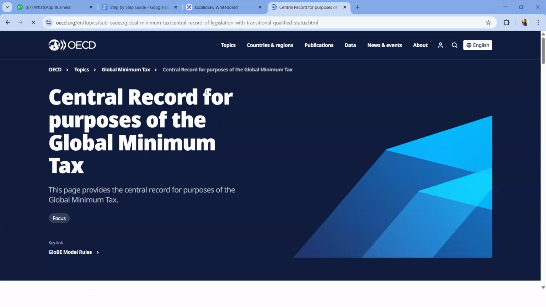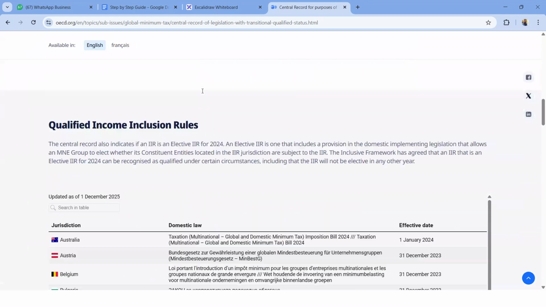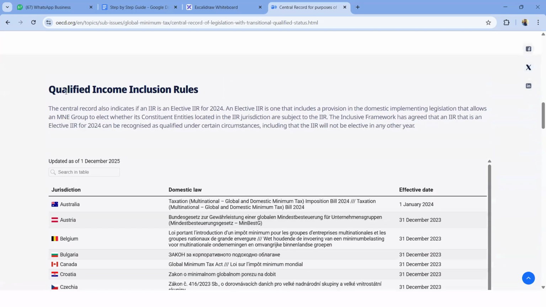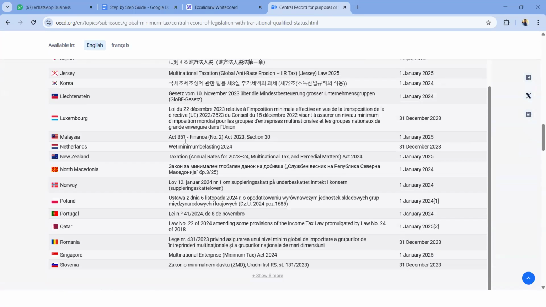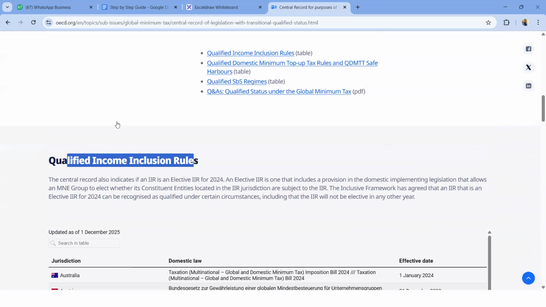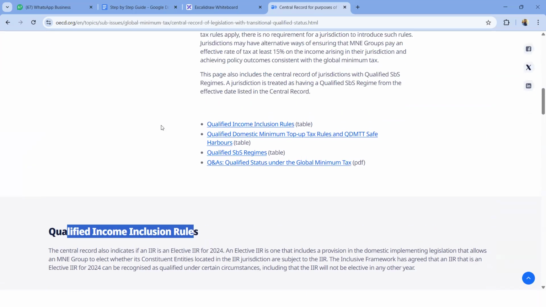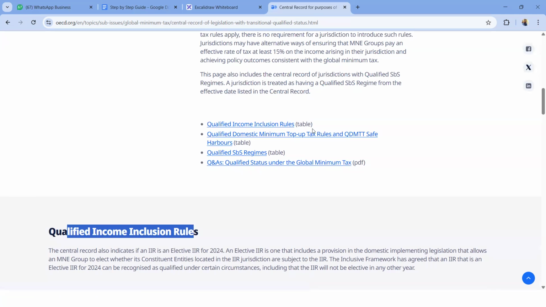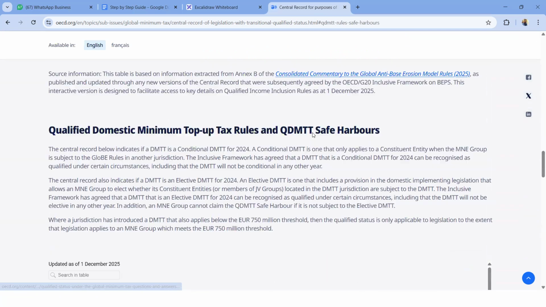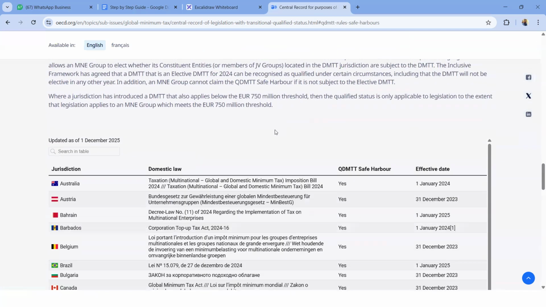If you just go, you will see qualified IIR, who has this. These are the countries which have a qualified IIR. You can see qualified IIR, qualified domestic minimum top-up tax, and QDMTT safe harbors. So, who has a qualified domestic minimum tax? These are the ones which have.